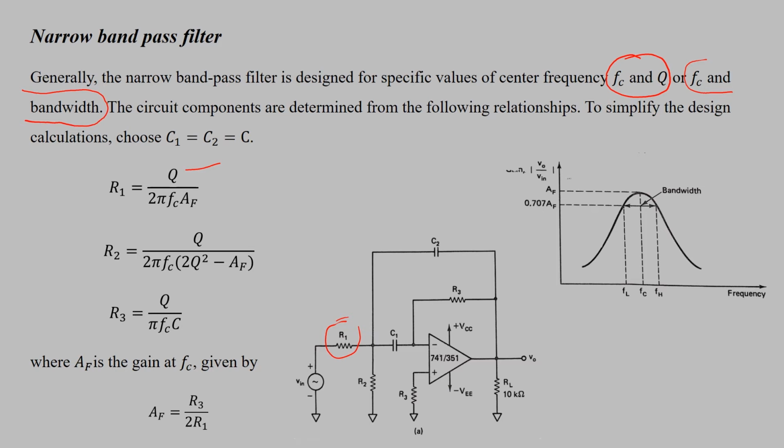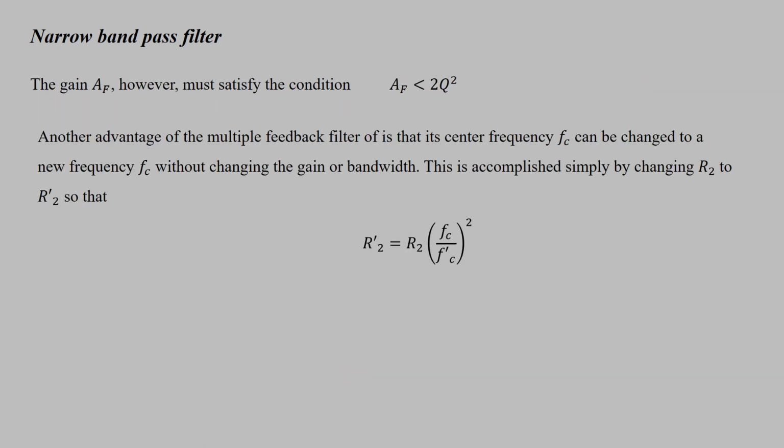R2 will be Q by 2 pi FC into 2 Q squared minus AF, and R3 will be Q by pi FC, where AF is the gain of this op-amp and FC is the center frequency, and AF can be given as R3 by 2 R1. However, this condition applies: AF should be less than 2Q squared.